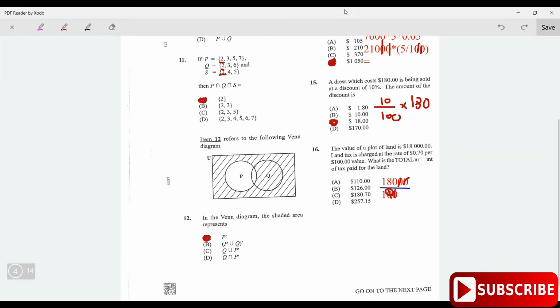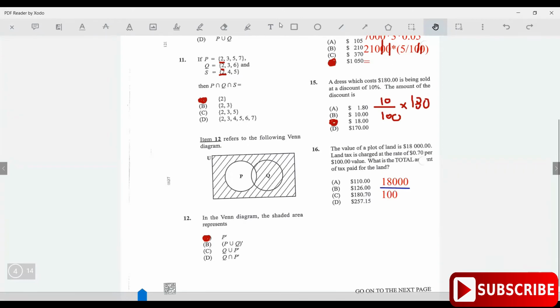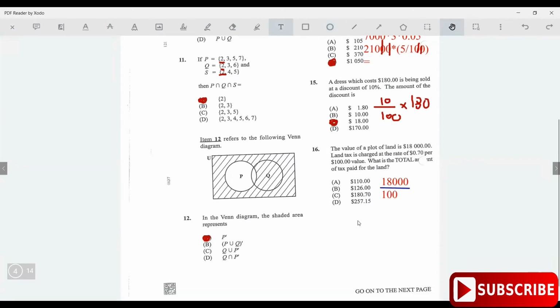So you multiply 180 times 0.7, and what we're going to get is 126.